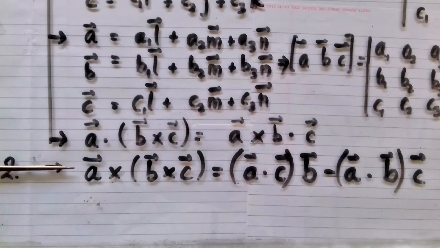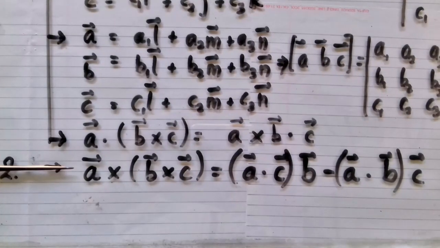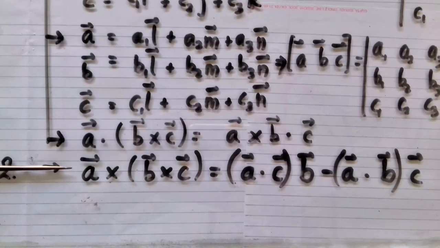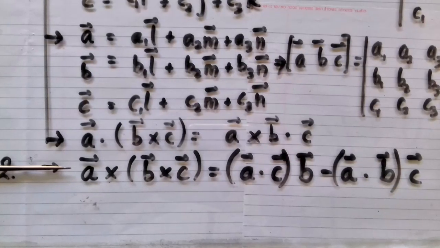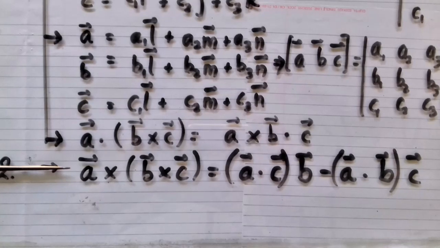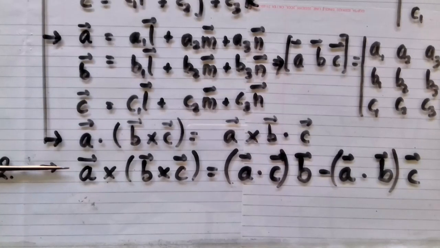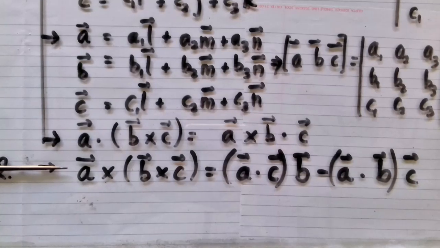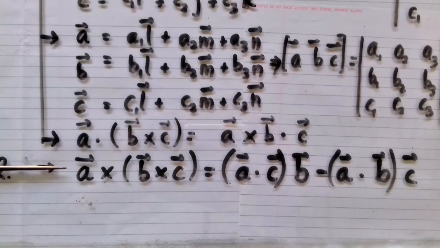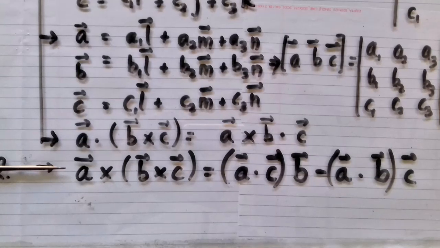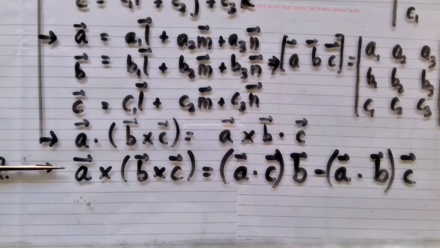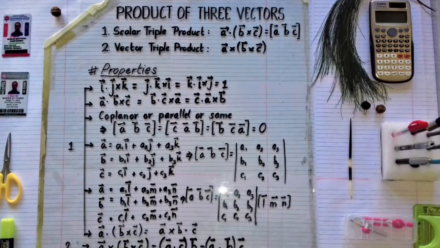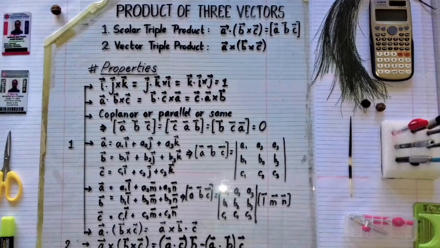And for vector triple product, we do have only one property. We can see that the vector triple product is equal to the dot product of the first and the last vector, multiplied by b vector, minus a vector dot product with b vector times c vector. So these are the properties we will be using in solving the questions on product of three vectors.